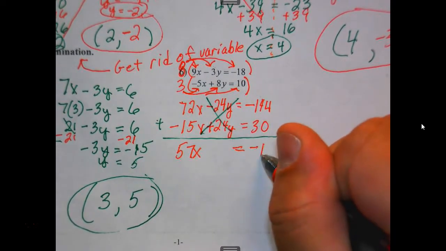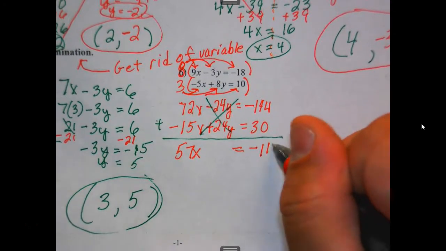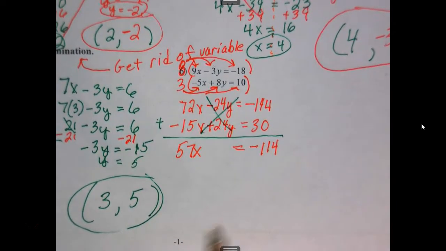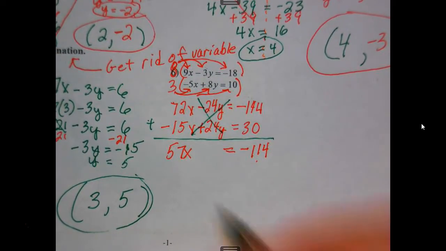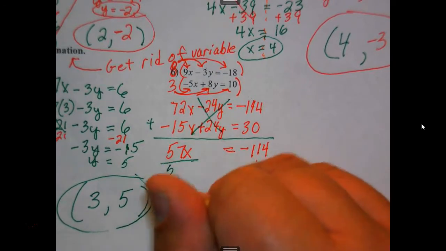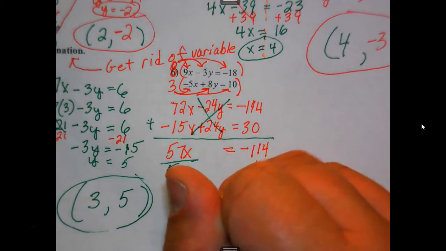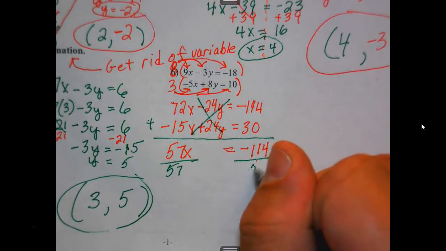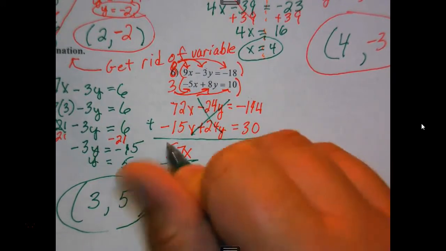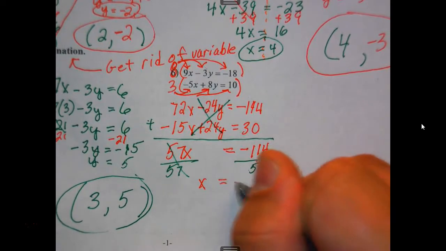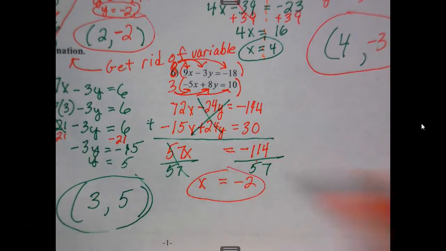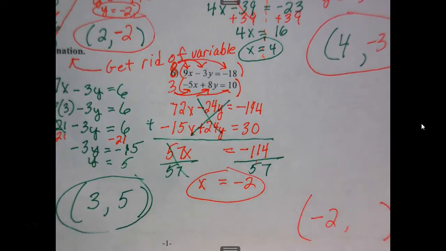Negative 114. Hey, look, 57 is a multiple of 114. So x equals negative 2. Be careful. So we have exactly one point where the x equals negative 2.